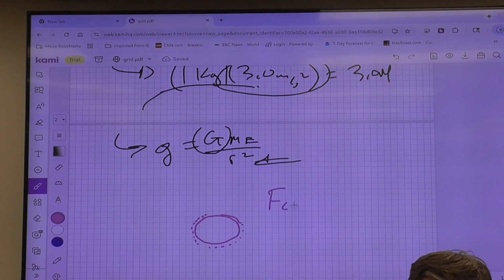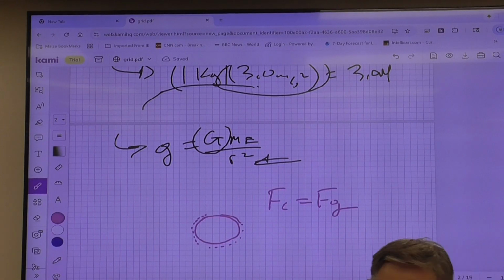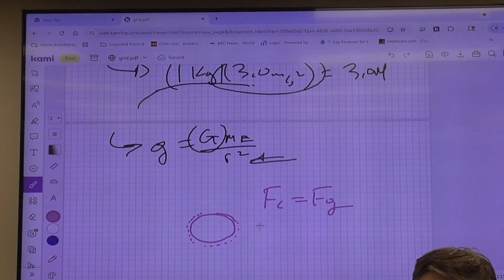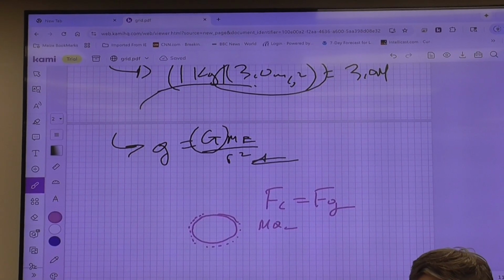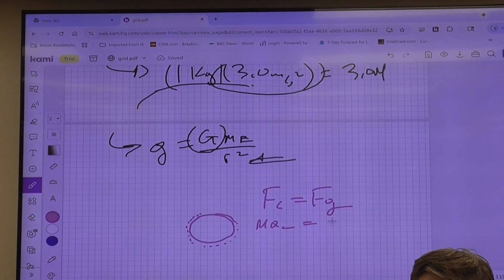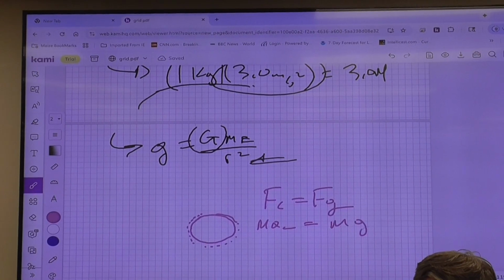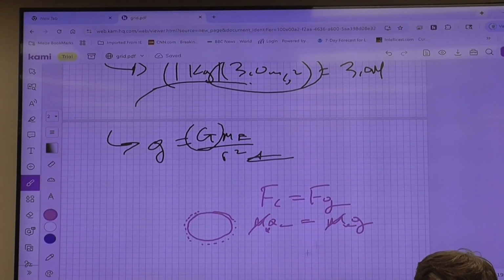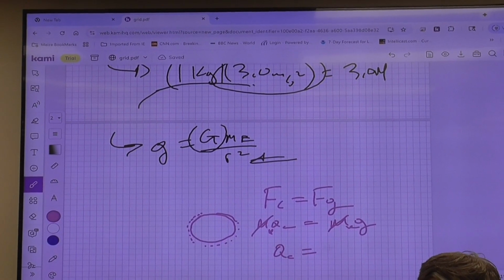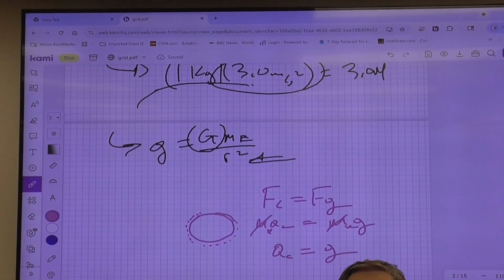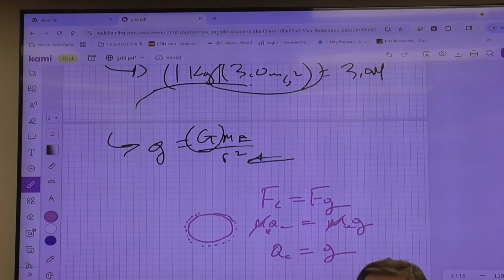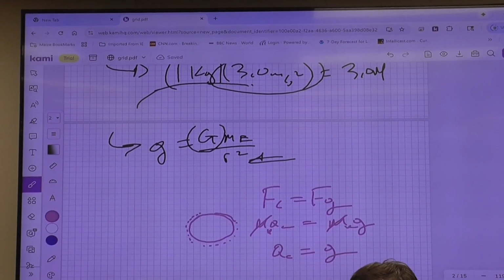You can set the centripetal force equal to your gravitational force, because that's the basic idea. My centripetal force is mass times my centripetal acceleration. This is going to be mg. This would be the mass of Caitlin, mass of Caitlin. Again, Caitlin cancels out.